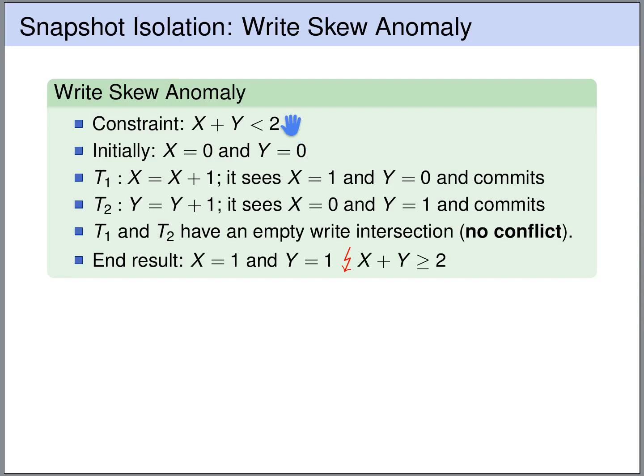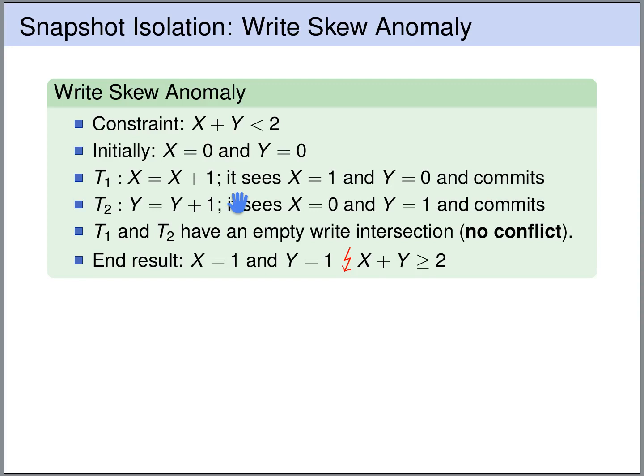The reason is that with snapshot isolation, these two concurrent transactions don't see each other's updates. And if their write sets do not intersect, then they are allowed to both commit to the database.